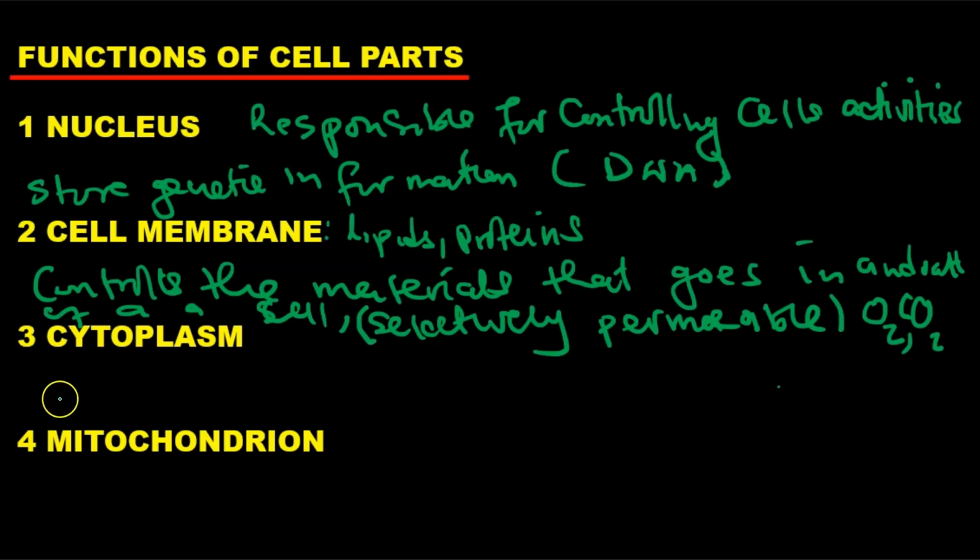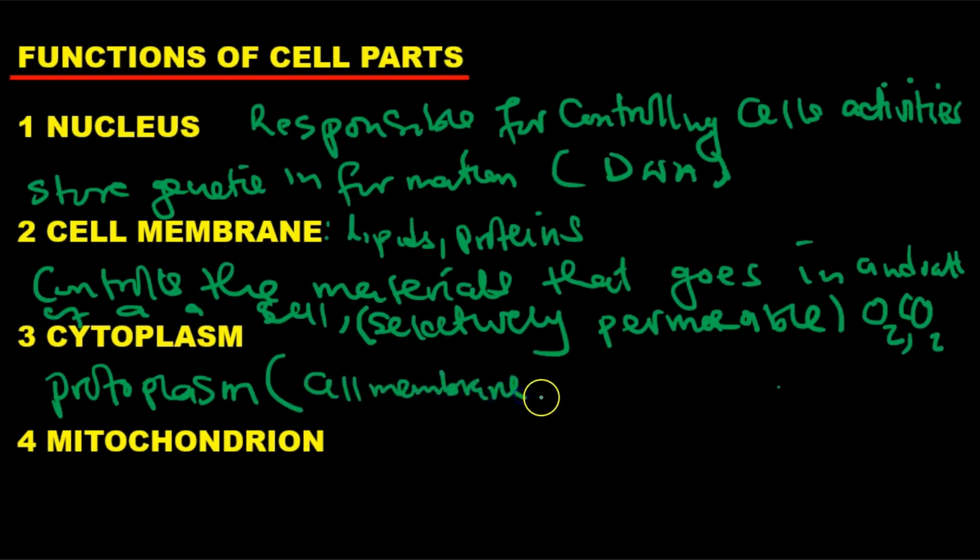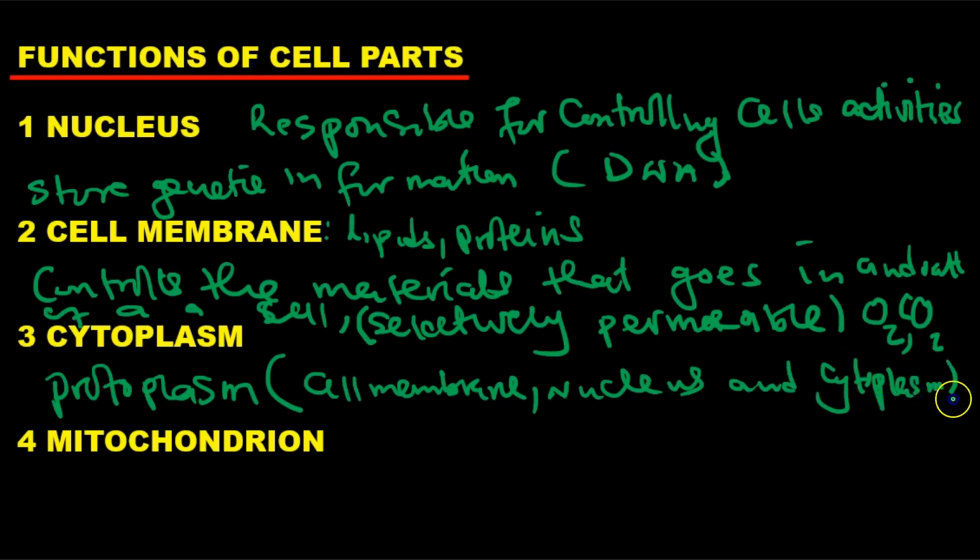Okay? Three parts of the cell are collectively called the protoplasm. You might find a question such as which part of the cell is part of the protoplasm. So the three parts that are collectively called protoplasm are the cell membrane, nucleus, and cytoplasm.